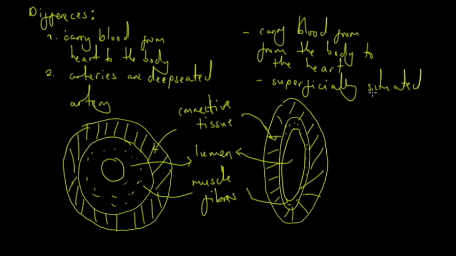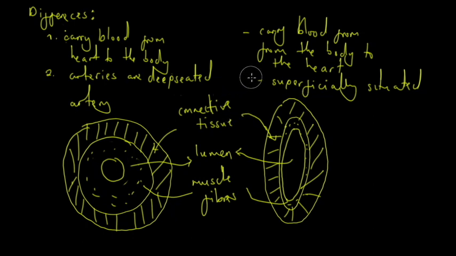Okay, they're there, but they're deep seated. They're in there. It means that they're not exposed. The veins are superficially situated. It means they're very close to the skin. That's what you see here. And there's not that much layer between the veins and the skin.